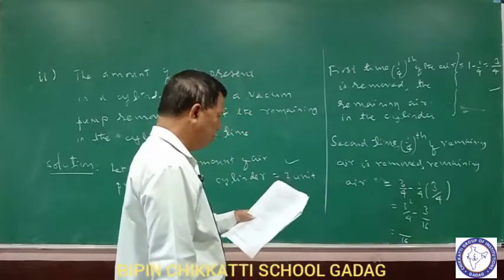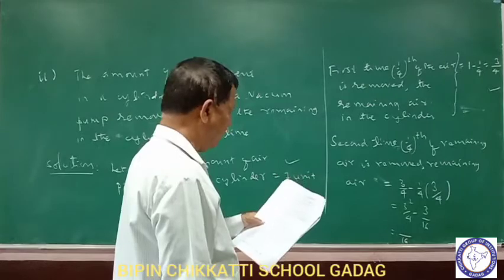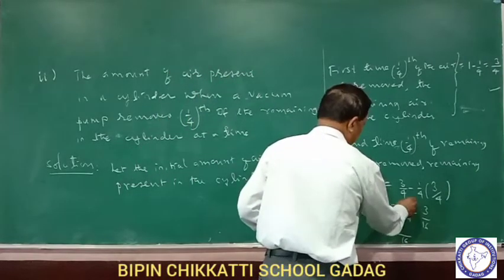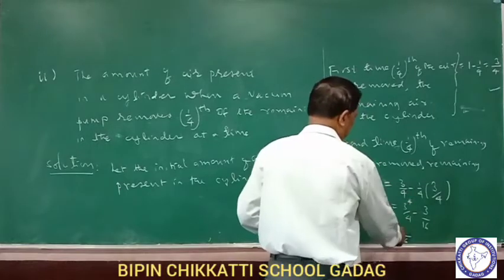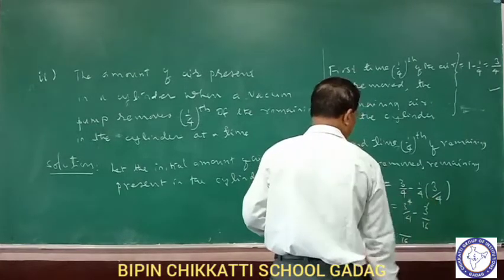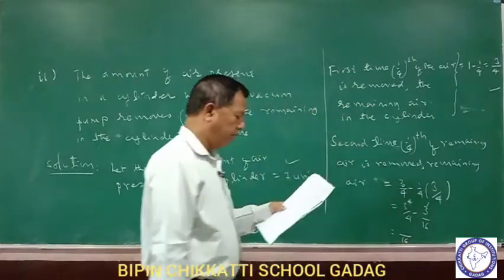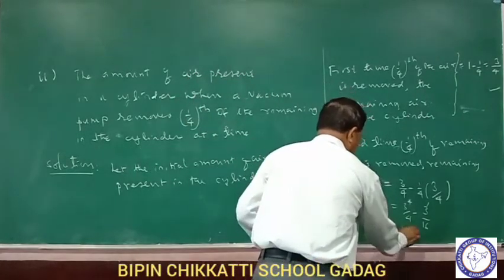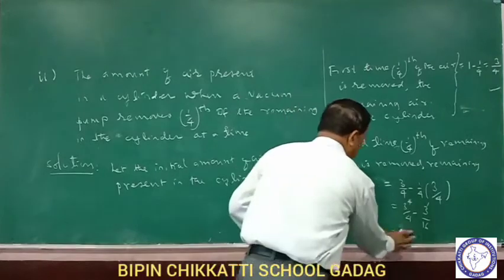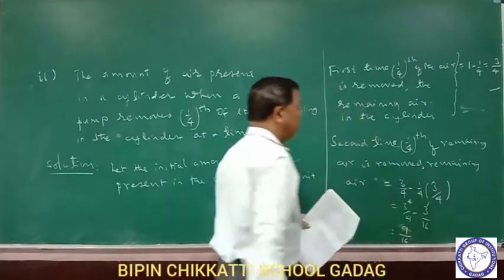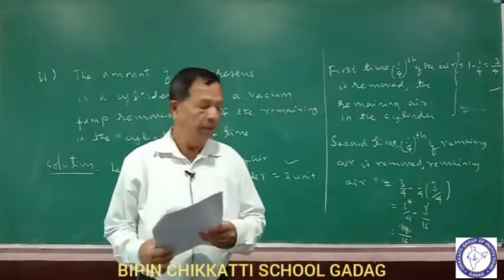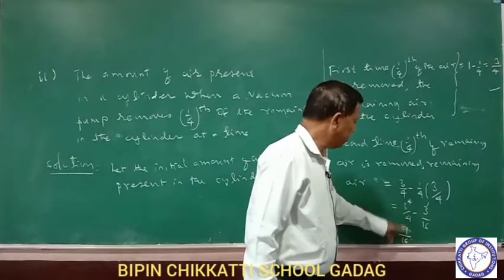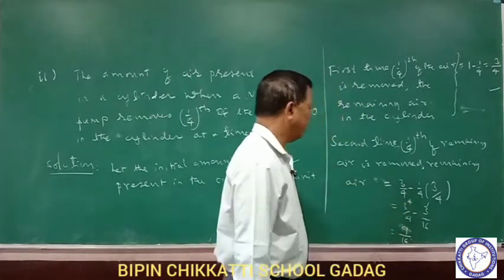The LCM is 16. 4 4s are 16, so 3/4 becomes 12/16, and subtracting 3 you get 9/16. Try to understand: LCM is 16, 4 4s are 16, we write and simplify.